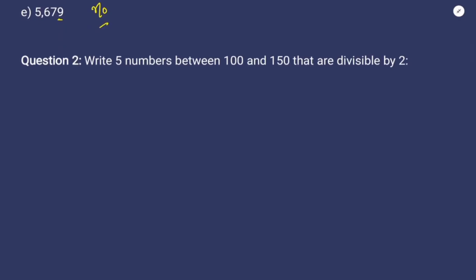Then we have question 2. Write 5 numbers between 100 and 150 that are divisible by 2. So you need to write any such number that has 0, 2, 4, 6 or 8 at the end. So I can write 102, I can write 142, I can write 138, right?